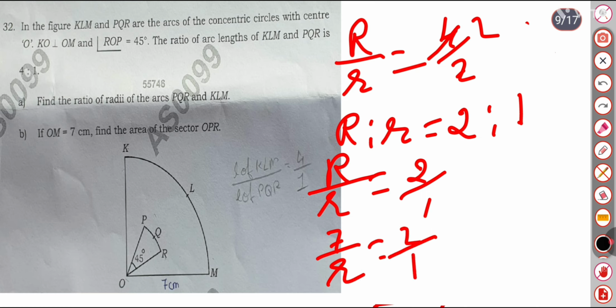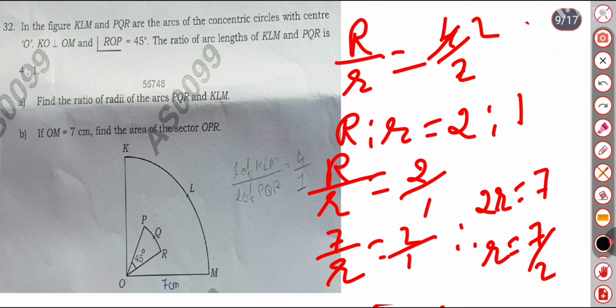So we are proving B now. If we cross multiply, 2 into r, so 2r is equal to 7. So r is equal to 7 by 2. We got r.